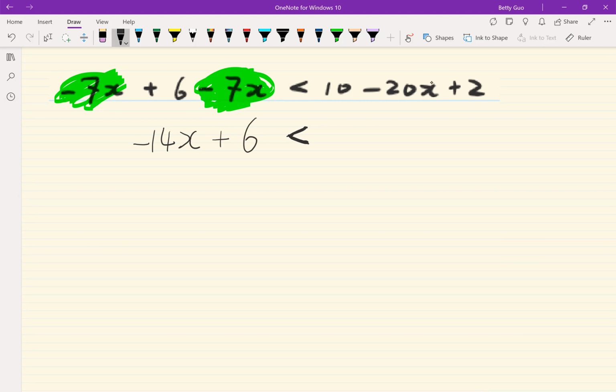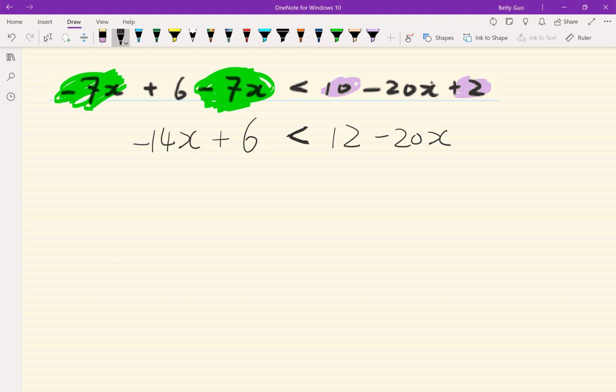So what we did is we combined negative 7x, negative 7x. We didn't do anything else. On the right hand side, we combine 10 and 2 to get a 12. So we have 12 minus 20x, right? You still have negative 20x on the right hand side. All we did is we combine 10 and 2.